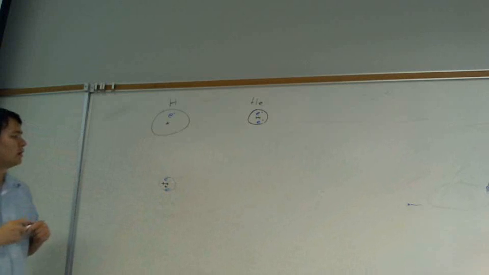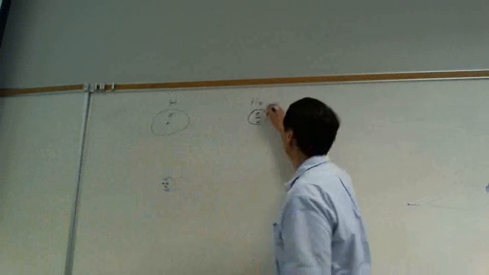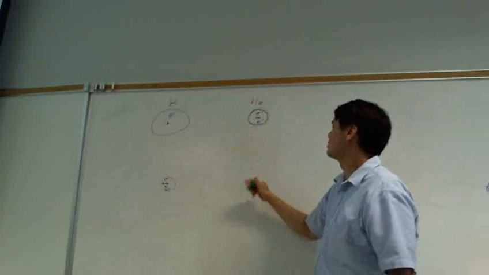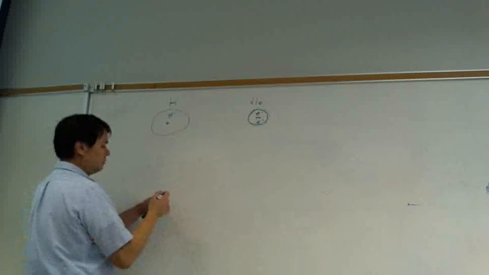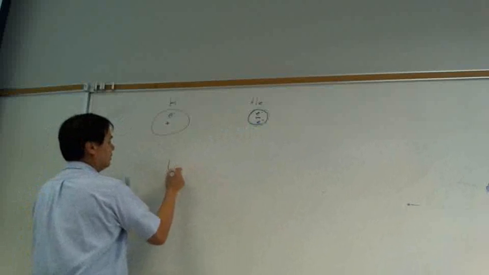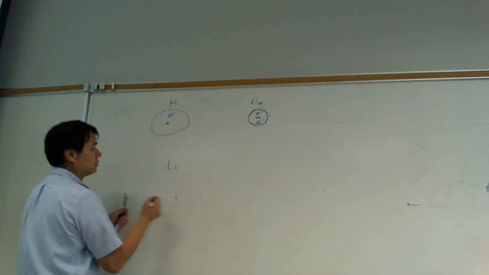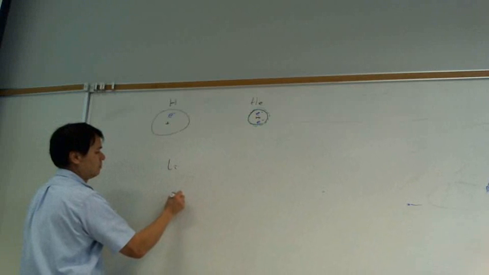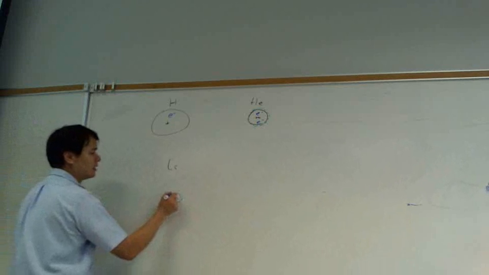When I look at the 1s orbital here, actually I should try to draw more dramatic. Let me try that again. When I compare the 1s orbital here with lithium, the 1s orbital on lithium is a lot smaller. And so it does pull in the 1s electrons quite tightly.